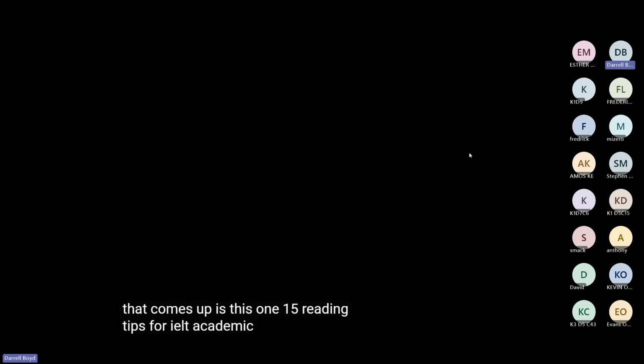So why is it important to be aware of the different types of question that might come up on the reading test? This is summarized perfectly by Pauline Cullen on the Cambridge website. Pauline Cullen literally wrote the book on IELTS, and what she says is every question has one clear purpose: to force you to use specific reading skills.